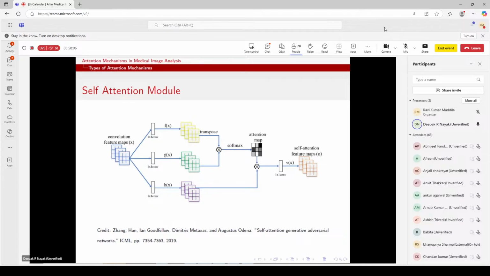Basically, the self-attention when it is applied on the 2D data or 3D data, right? Which is a feature map for us. So this is how the self-attention looks. It looks very different from the kind of spatial attention or channel attention we have seen just now, right?